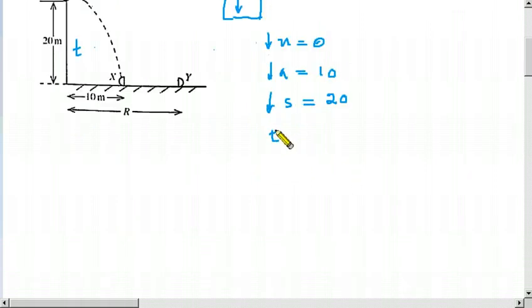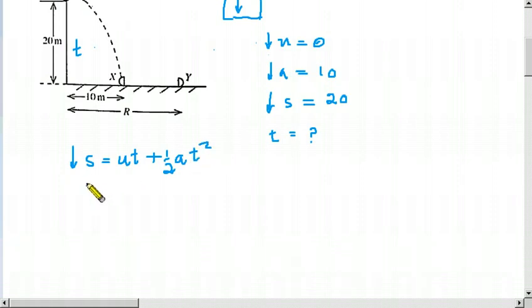T is what we need. It is a scalar. We can't draw arrows. It is not a vector. So downwards, what is the equation we can use? S downwards equals ut plus half at squared.